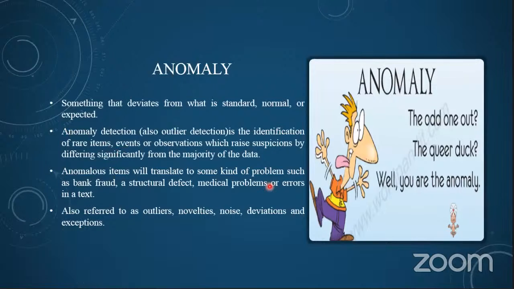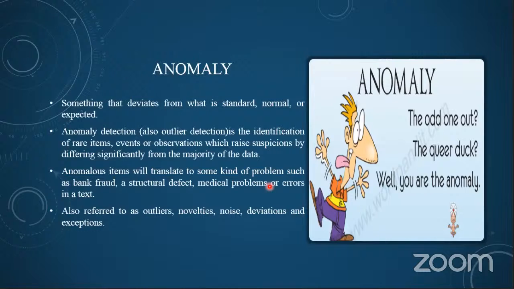Now, in order to find an anomaly, in earlier times we would use some particular algorithms based on the data we are getting. And that particular detection, used to detect the anomaly, is called anomaly detection.